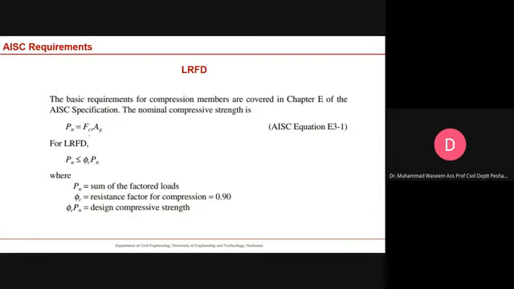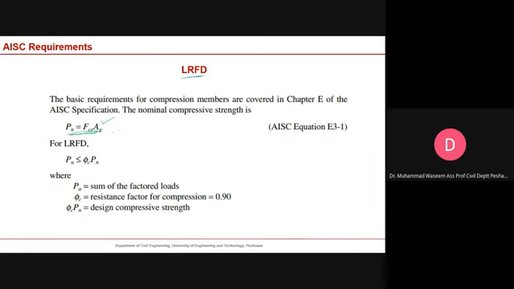Okay, so now let's go to the AISC requirement. We know that we have two approaches with which we can go for the design and analysis of the structure. The first approach is LRFD. LRFD suggests that the nominal compressive strength of an axial or compression member or column can be estimated using this formulation.